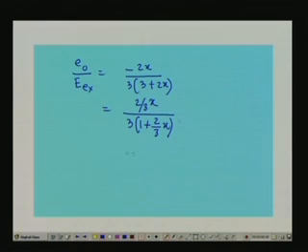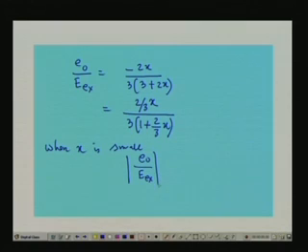Now, when x is small, the mod of the output voltage by the excitation equals 2 by 9 x, since the term 2 by 3 x in the denominator is small and will be neglected compared to 1. So, only the 3 remains in the denominator: 2 by 9 into x.